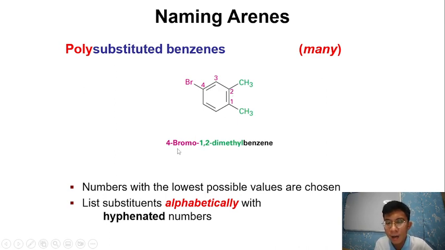So hindi lagi nag-a-apply yung if the substituent comes first by virtue of alphabetization, nasa una. So yun nga, for example, ito, dalawang beses na yung methyl group natin, so that's dimethyl. So let's give a lower number for the dimethyls. And same application of rules, yung bromo comes first, then methyl. So yung di dito is not considered in the alphabetization.